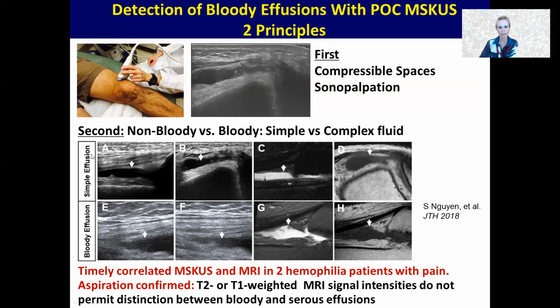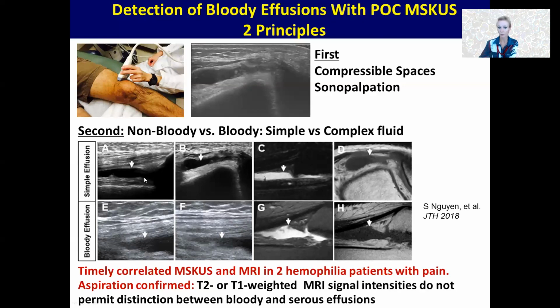One of the patients had a simple effusion and the other patient had a bloody complex effusion that was not detected on MRI. In this experiment, we first proceeded with ultrasound imaging, and you can see here in the suprapatellar bursa and also in one of the lateral or medial recesses, clear, relatively hypoechogenic or anechogenic fluid in compressible spaces, and compare that to relatively complex, speckled, grizzly fluid in the same locations in the patient with a bloody effusion.